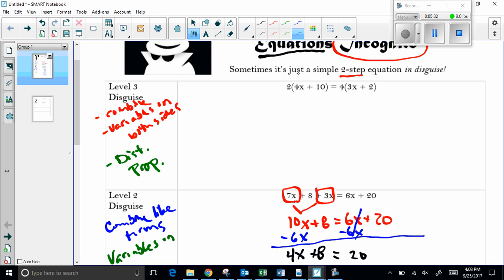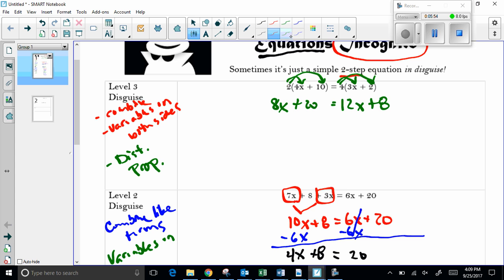So in this problem, I've got 2 times 4x plus 10. So I'm going to do 2 times 4x, 2 times 10. That's going to give me 8x plus 20. And that's equal to 4 times 3x and 4 times 2. That's going to give me 12x plus 8.